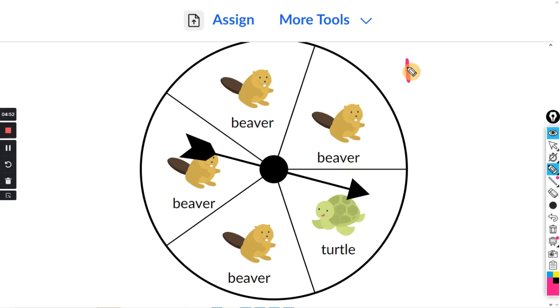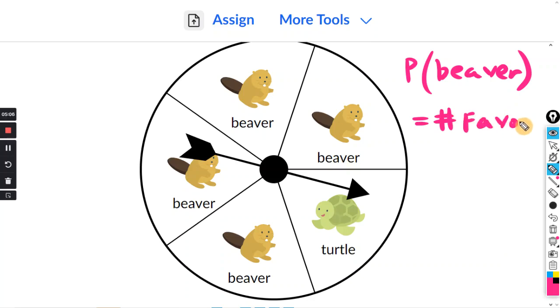So the probability of it landing on beaver, that is going to be the number of favorable divided by the number of possible.